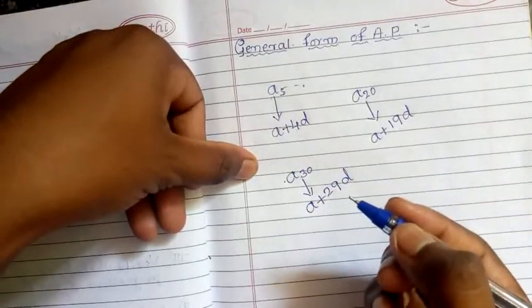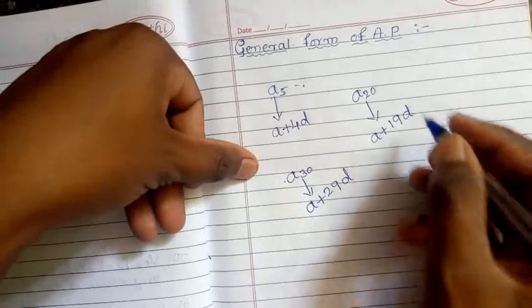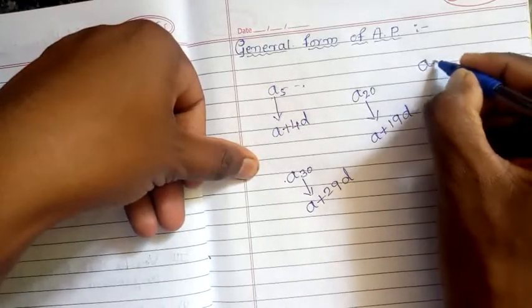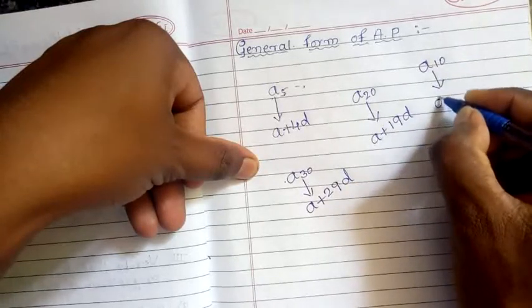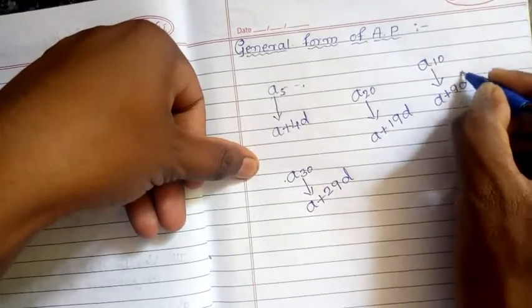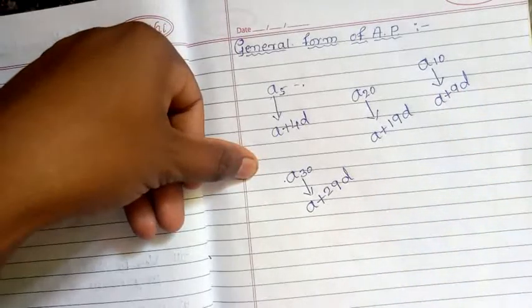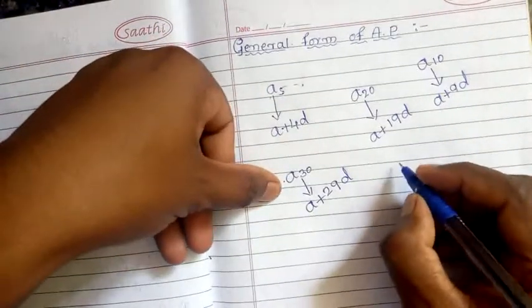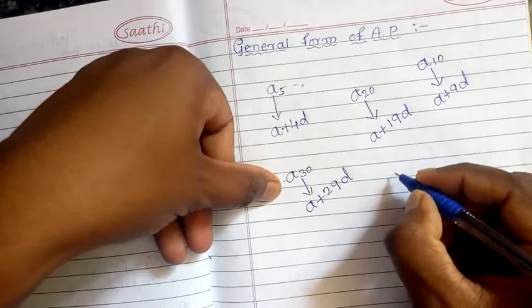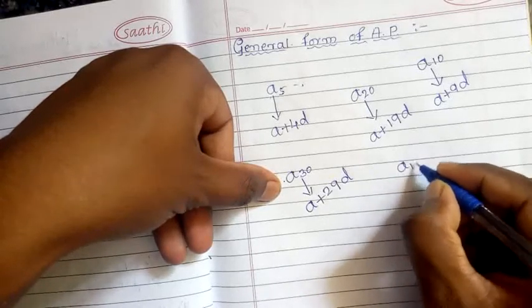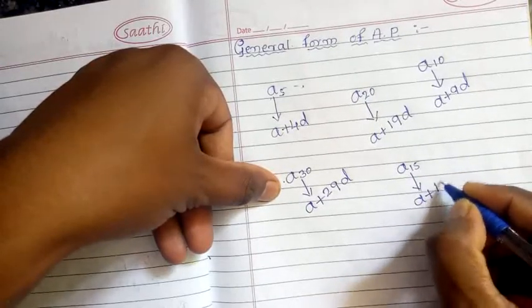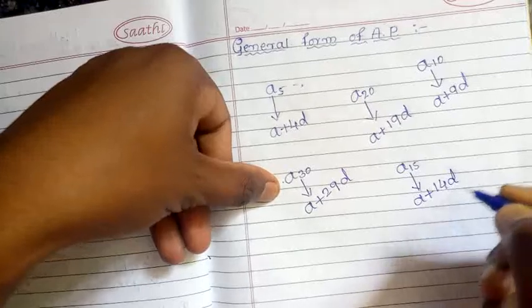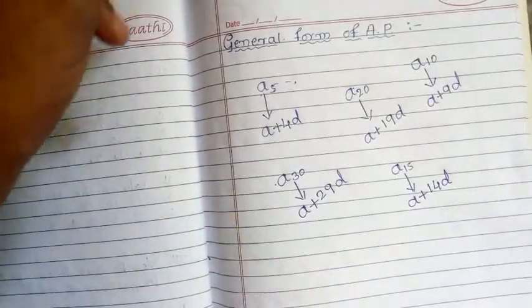The general form of the 10th term, that is A10, is A plus 9D. The general form of the 15th term, that is A15, is A plus 14D. This is all about the general form of arithmetic progression.